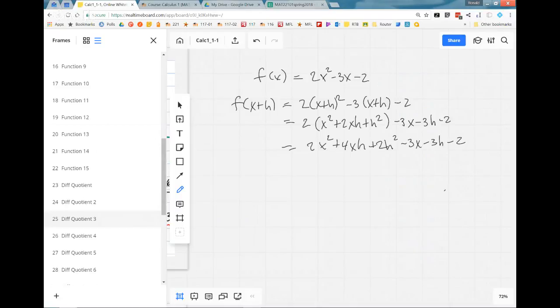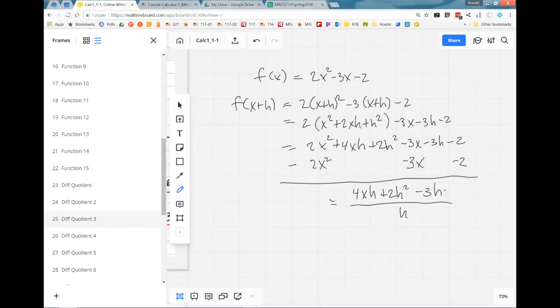Okay, from that, we can now subtract the original function, which is up there on the top, and I'm going to line up the terms so they match. So that leaves you with 4xh plus 2h squared minus 3h, and then in the difference quotient, we know we have to divide by h.